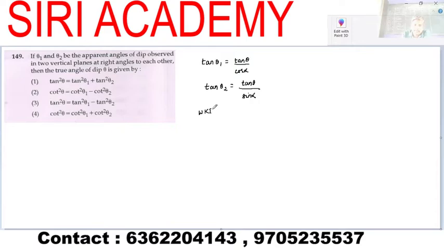We know that sin square alpha plus cos square alpha is equal to 1. So cot square theta 2 plus cot square theta 1 is equal to 1 by tan square theta.